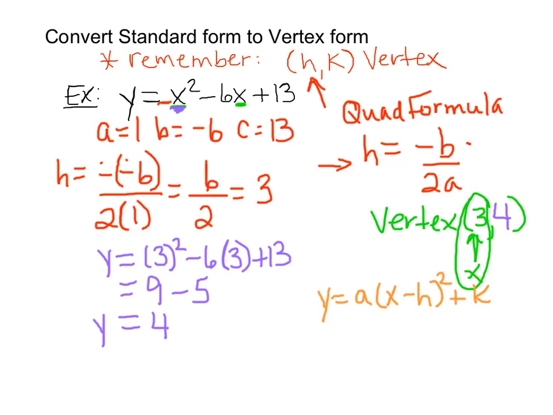So let's plug in everything that we know. y equals, what was your a? My a is right here, it's 1, so I'm going to go ahead and put in a 1. Then you have x minus, your h value was 3. So let's plug that in. Then you have squared plus your k value here, which is -5.